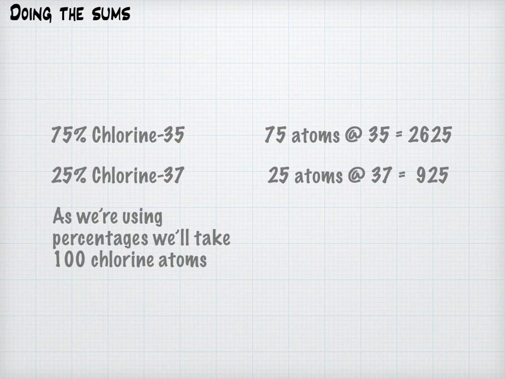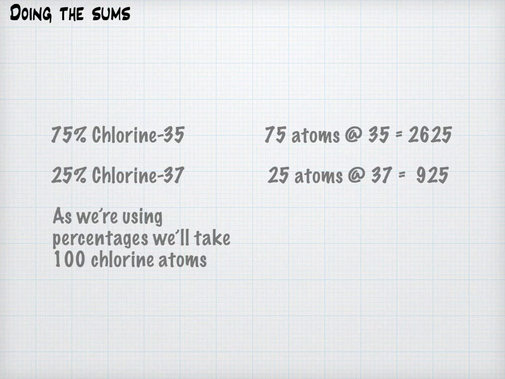Similarly, 25% of the chlorine atoms have a mass of 37, so out of 100, you'll have 25 atoms that weigh 37 atomic mass units. That will give you a total of 925.